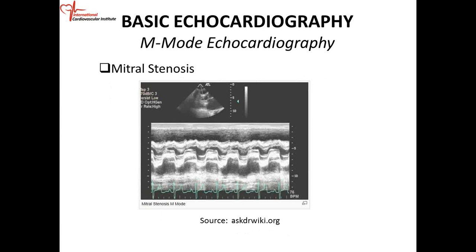So if your E to F slope is reduced and you have this type of mitral valve configuration in your M mode, this suggests mitral stenosis. Loss of the E to F slope, thickening of the leaflet.